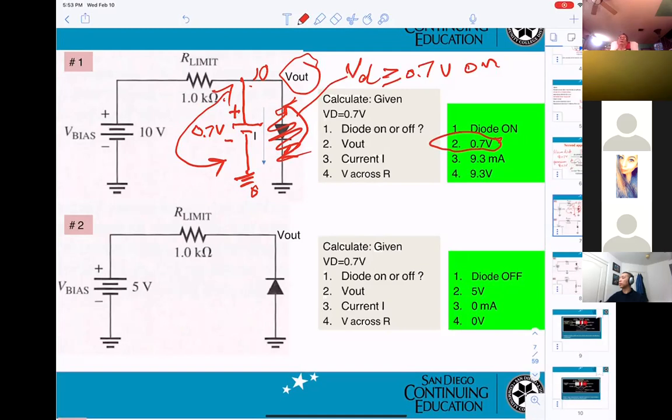And now if you look at the circuitry, on the V out you get 10 volt from the power supply bias, and the other side will be the root. So that means the VD across the diode must be greater than 0.7. That's why I say on.